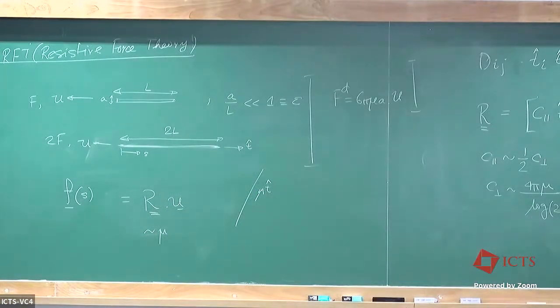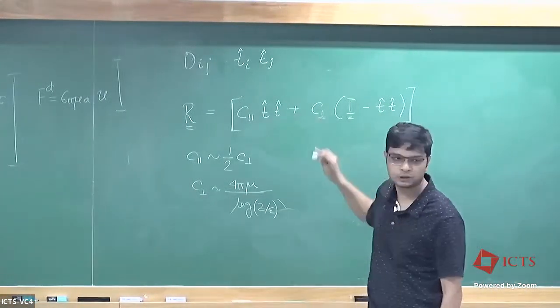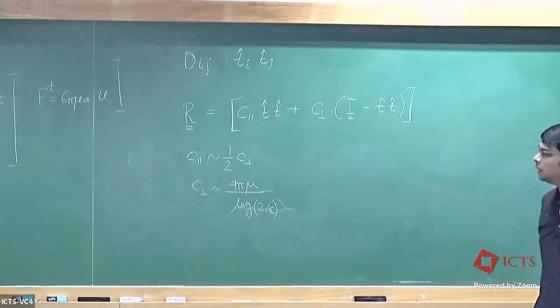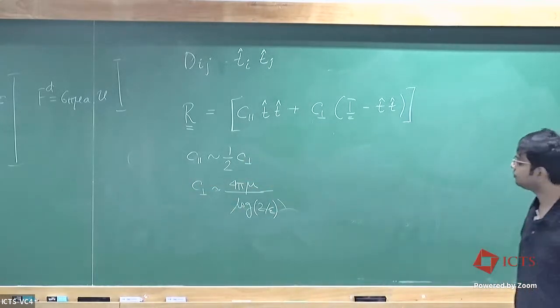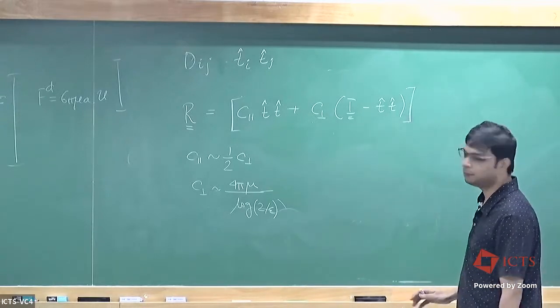So this matrix R. Okay, what I was saying. C parallel and C perp are called drag coefficients. So it kind of makes sense. Both of them are proportional to the viscosity of the fluid, and if you multiply by them, you get the force per unit length. Okay. So let's write this matrix for a specific case, and you will see what it means.